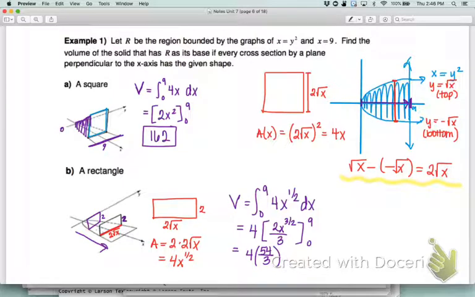And I'm pretty sure 54 divided by 3 is 18. So that's going to be 4 times 18, which is 72, I believe. So 72 would be the volume of that figure. And again, that figure is a little bit different.